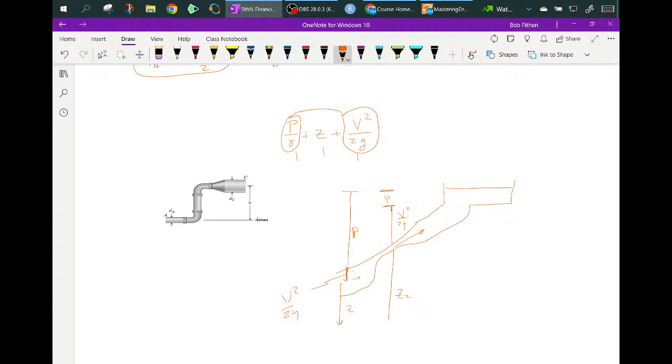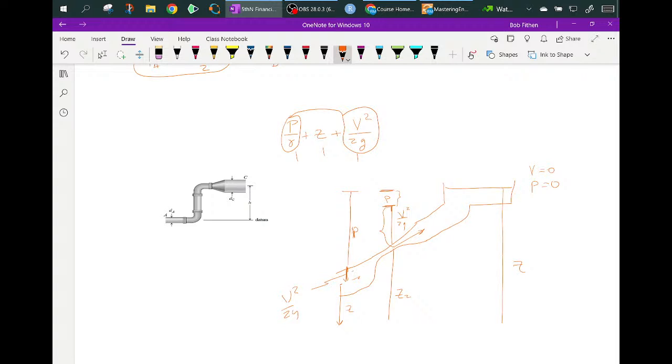So again, as you increase your velocity, you've decreased that pressure there. Eventually, you're here, and you're at Z. V would equal 0, and pressure would be equal 0 because it's sitting at the top.